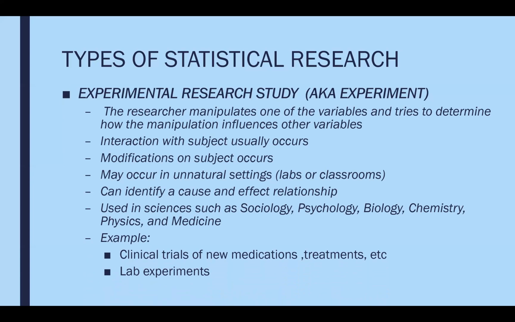Again, examples are clinical trials of new medications or of different treatments. Even within education, if you're trying to say, okay, teaching method A is better than teaching method B, you can again perform an experiment to look at that particular relationship. Okay, so those are your two different types of statistical research, observational or experimental.